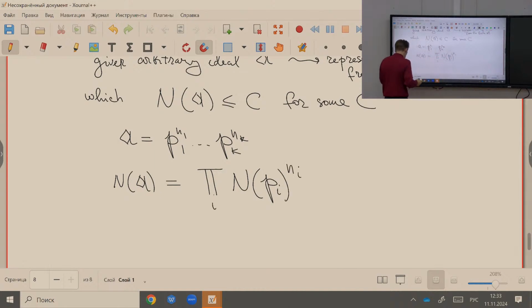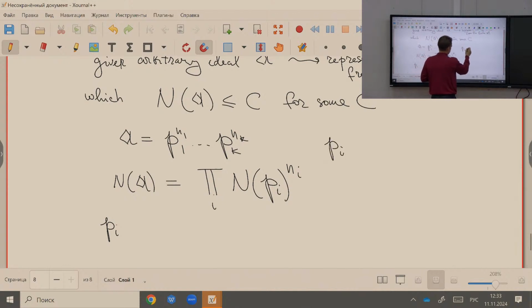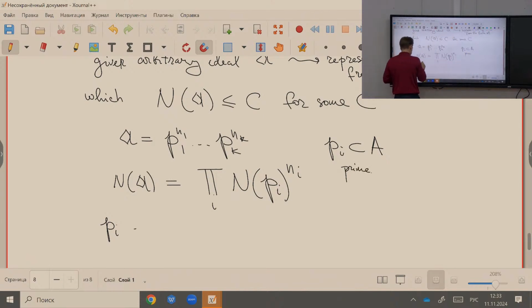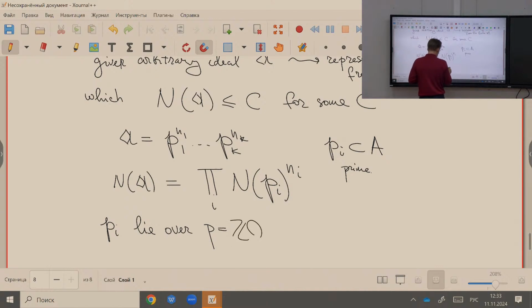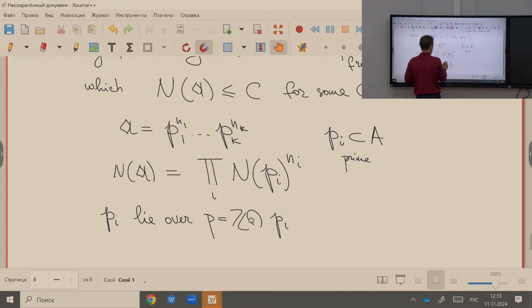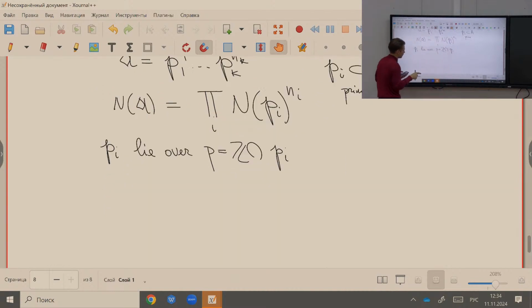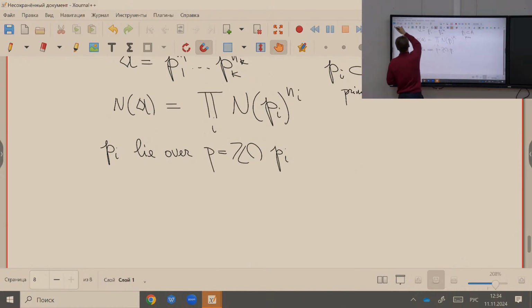So notice the following: the p_i are prime ideals of O_K, and each p_i lies over a prime P, which is obtained by the intersection of p_i with Z. What do we know about these p_i?